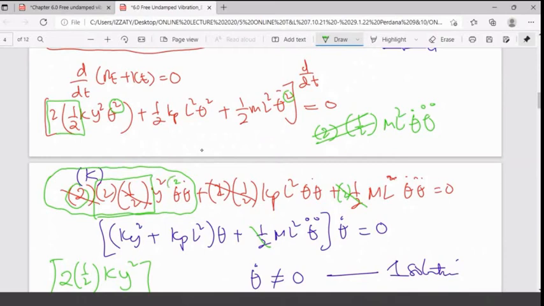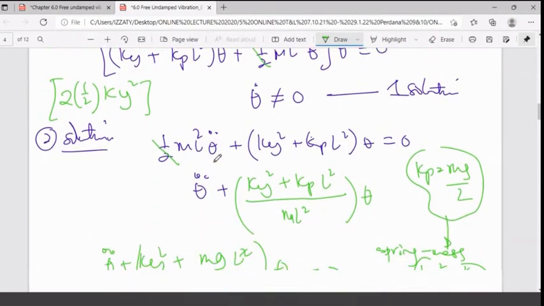So put it here, so it becomes like this. Or you can from the very beginning cancel this one, because you have half but you have 2, both will give you 1. Am I correct or not?